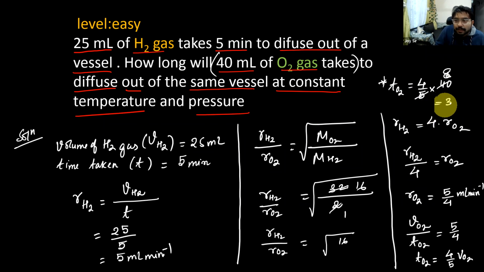Okay, so it will be 32 minutes. So this is the answer to the question. 32 minutes. This is the total time taken for oxygen gas to escape. I hope this part is clear for most of you.